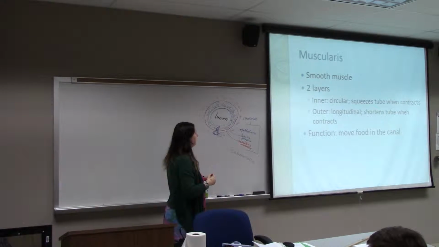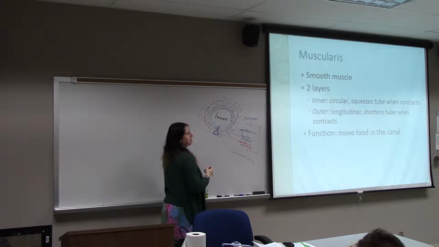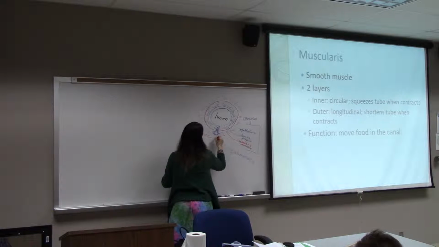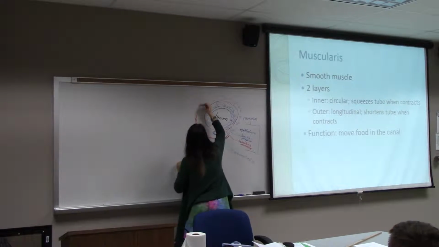Then we have the muscularis, which is 2 layers of smooth muscle, thicker than the muscularis mucosae. The inner one is circular, so it goes around the tube.